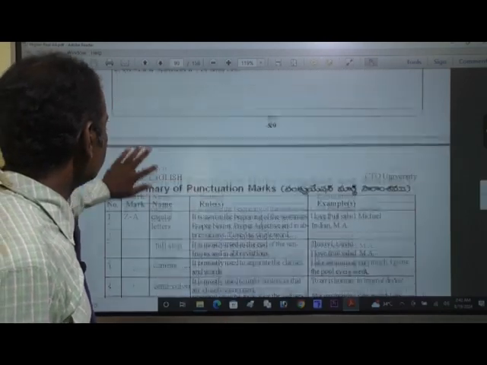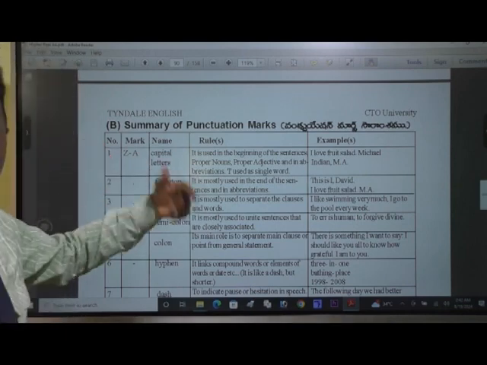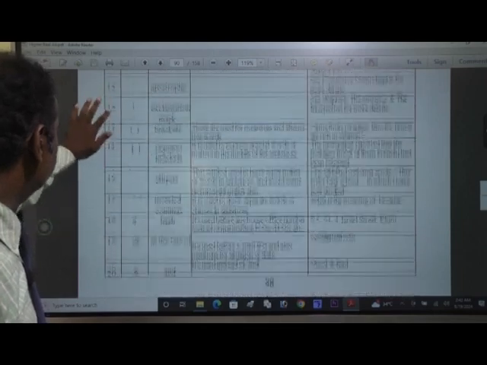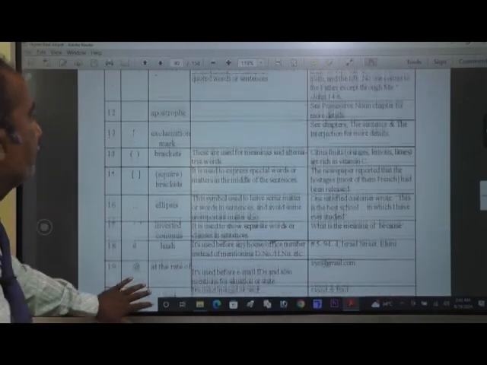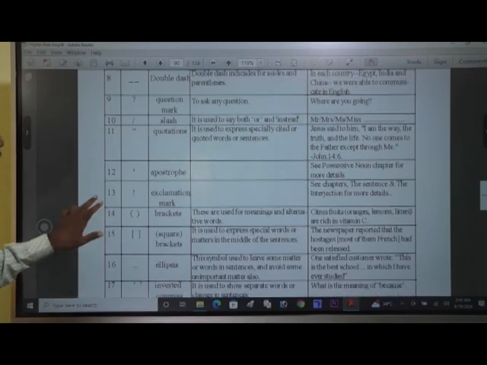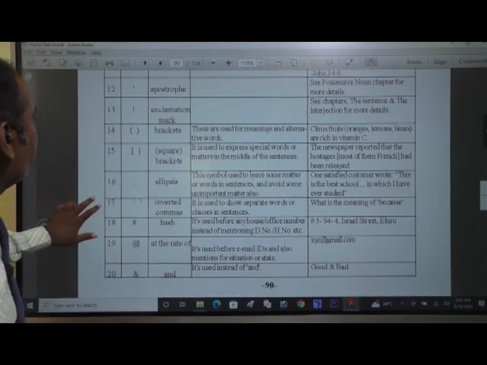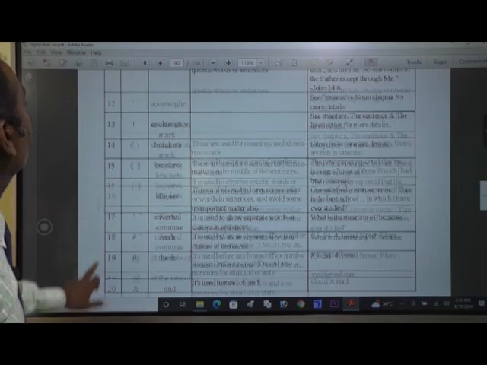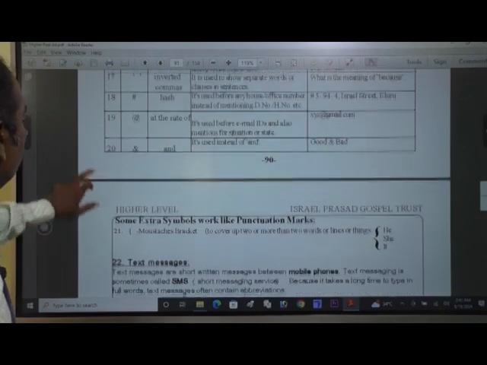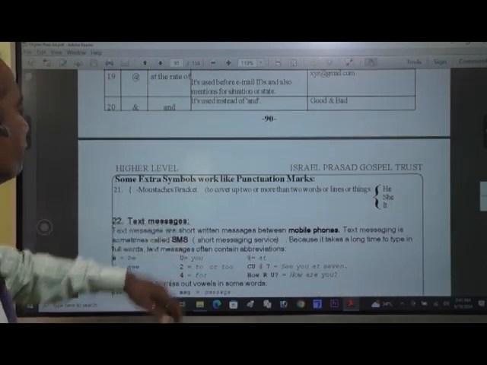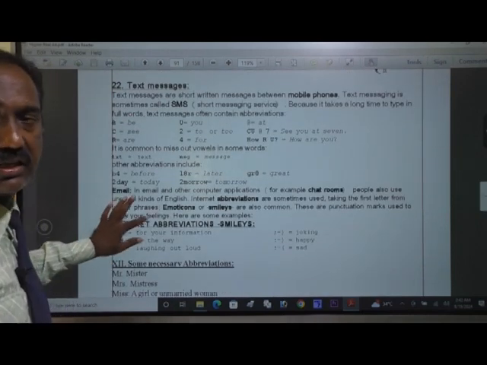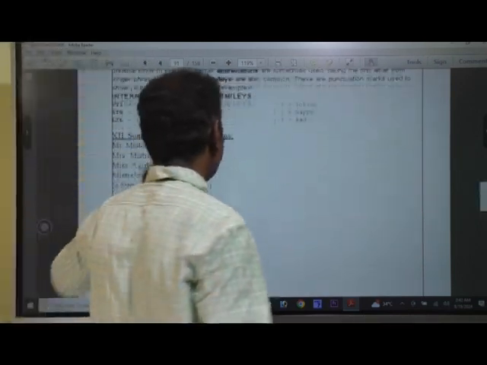Then punctuation marks, altogether 20 points. I gave how to use full stop, comma, brackets, double dash, question mark, quotations, apostrophe, square brackets, capitals and all these things, curly brackets, etc. Modern text message uses are also given.